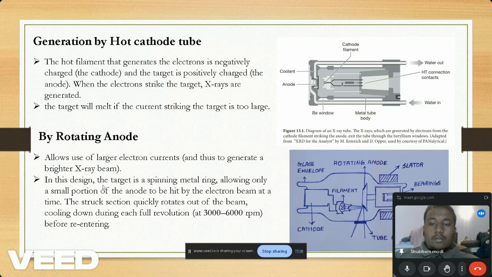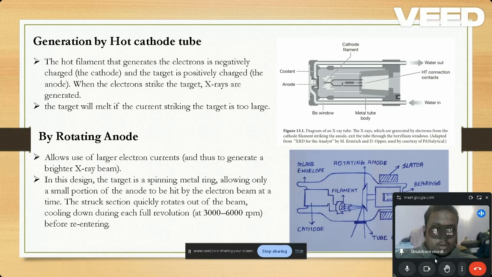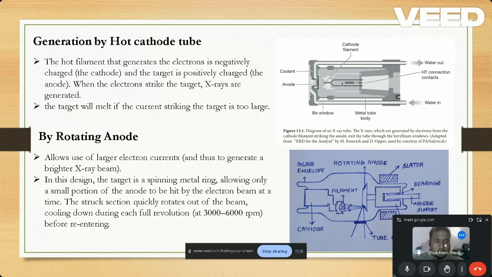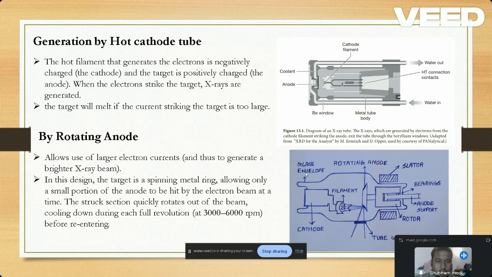In this design, the target is a spinning metal ring. There is a spinning ring which has a glass envelope, rotating anode, stator, bearings, anode support, and rotor. So the struck section quickly rotates out of the beam, cooling down during each revolution. Meaning 3000 to 6000 revolutions per minute are done.